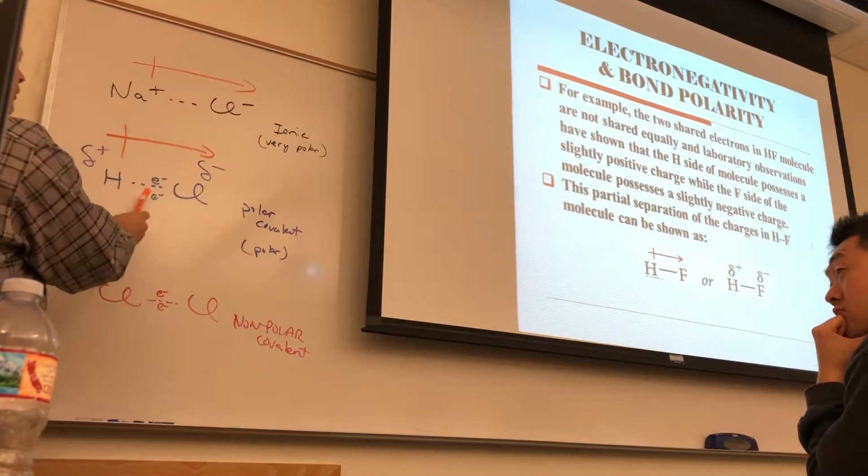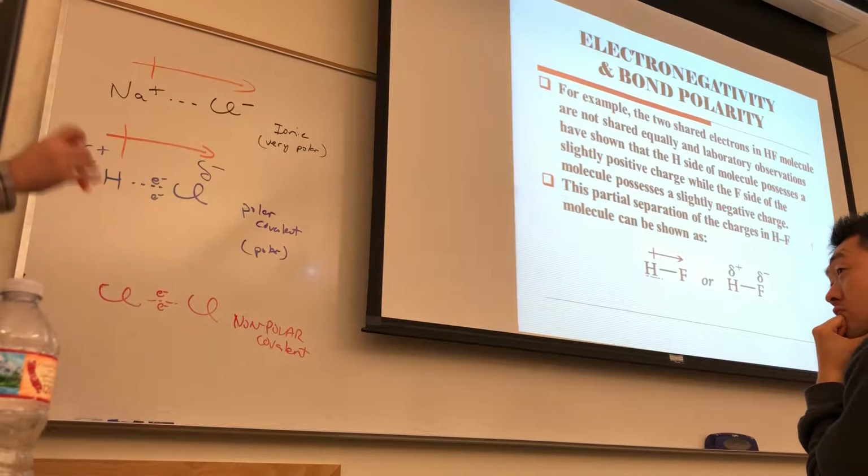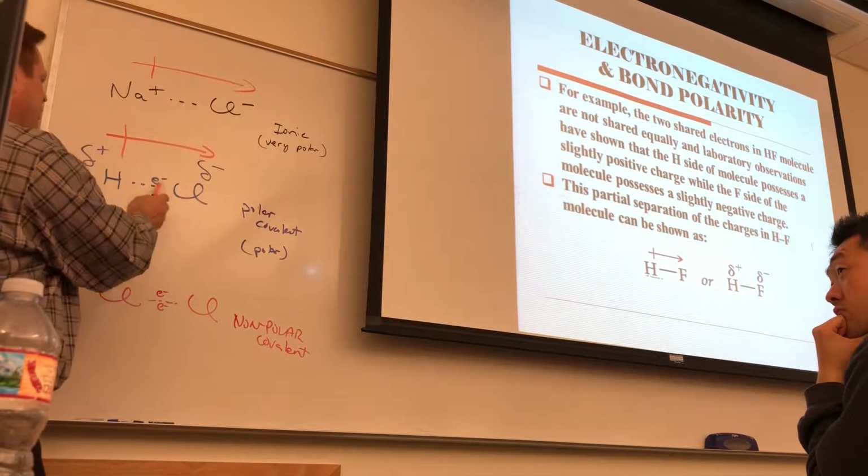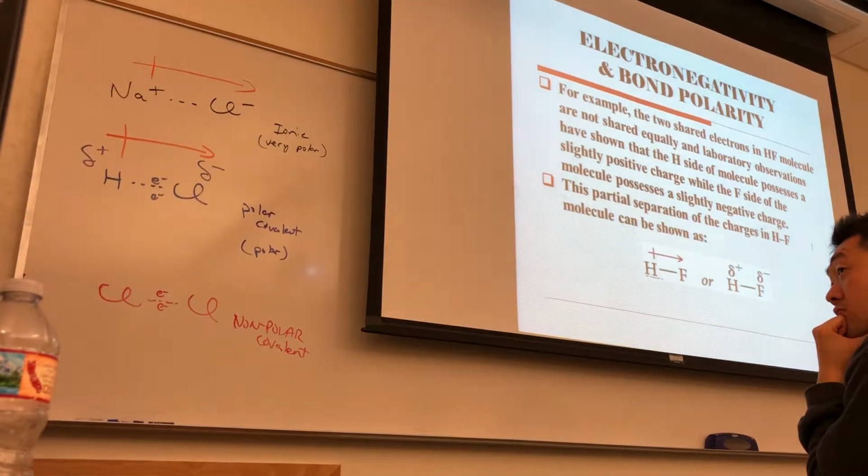So it's not based solely on the bond, it's based on the structure. And VSEPR just means that each atom around the center atom tries to get as far apart from each other as possible.